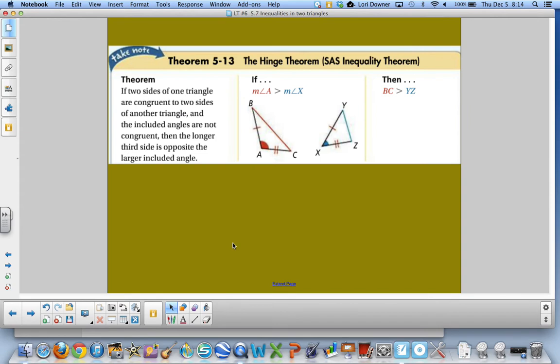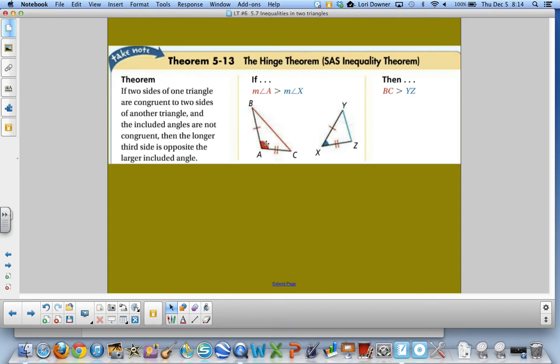So we're going to add this to your purple sheets. It's called the Hinge Theorem, SAS Inequality Theorem. It says that if two sides of one triangle are congruent to two sides of another, and the included angles are not congruent, notice if they were, we would have congruent triangles by side angle side.